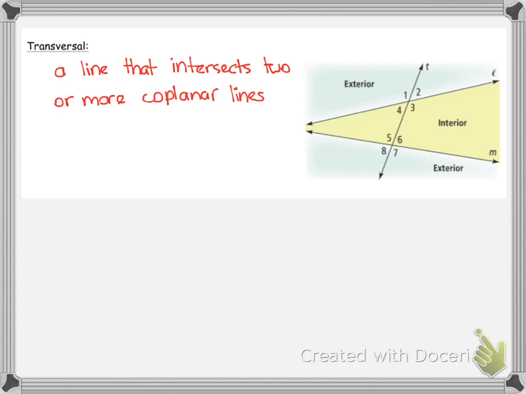So a line that intersects two or more coplanar lines. So line T here is a transversal.